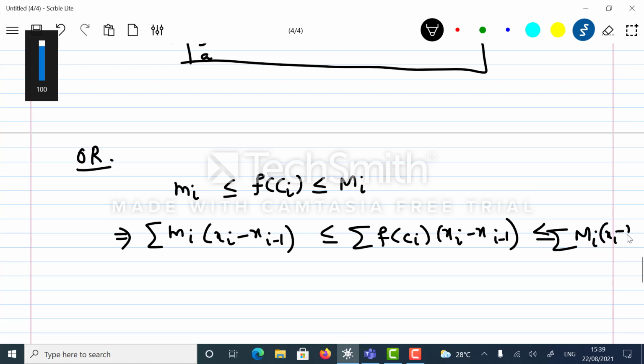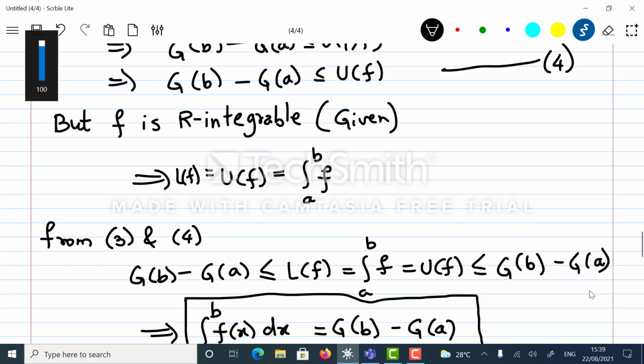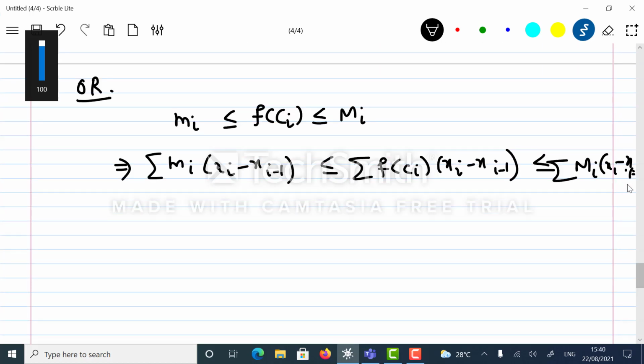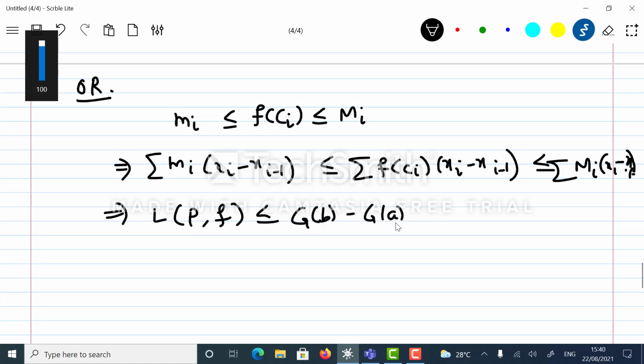So this is basically my LPF, and this is less than or equal to this. I know by the earlier result it is g of b minus g of a, and this is nothing but UPF. Let's call this inequality number A.